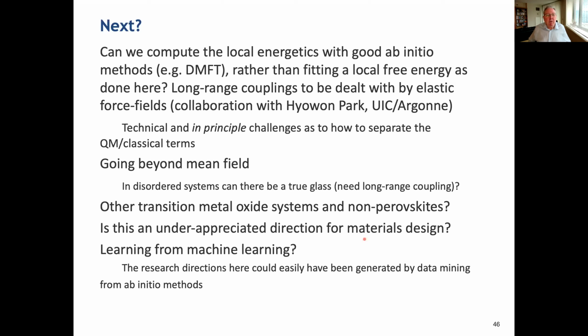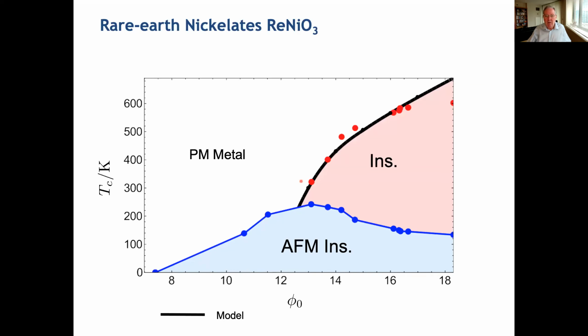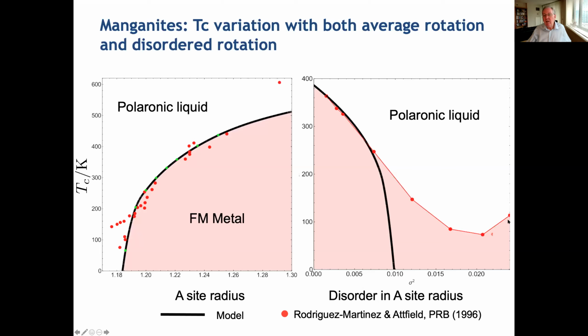A small theory point: because we have long-range coupling here, it's actually quite possible that there can really be a true glass. So coming back over here, the data down here often looks like a liquid to glass transition as one comes through here.